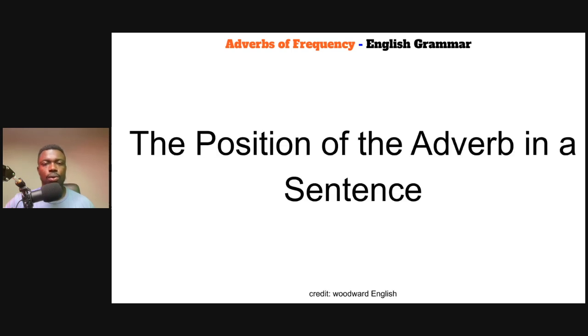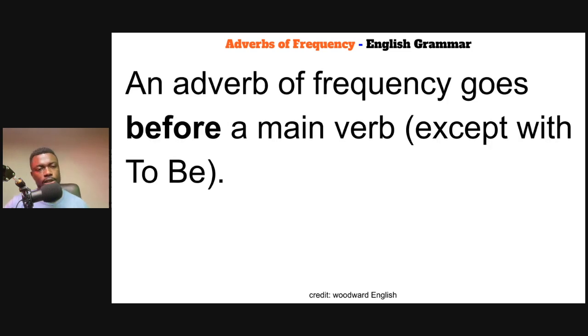All right, guys. So, the position of the adverb in a sentence. Où doit-on mettre l'adverbe dans la phrase? An adverb of frequency goes before a main verb. Le plus souvent, on met les adverbes devant un verbe principal, ou devant un adjectif. Except for to be, OK?